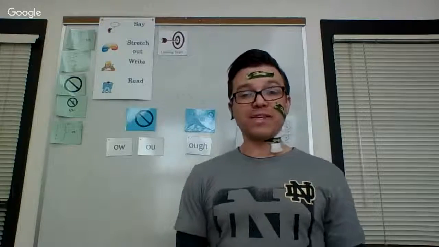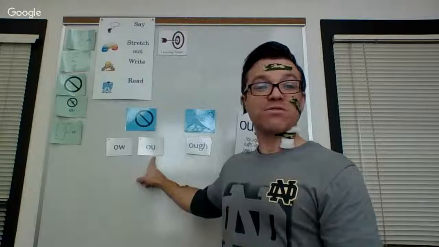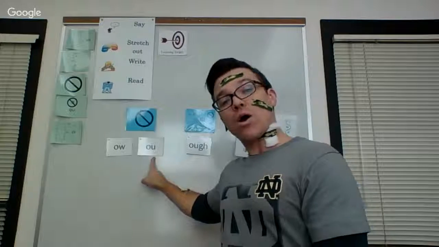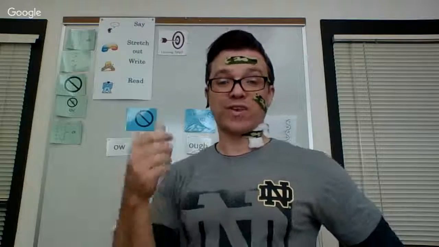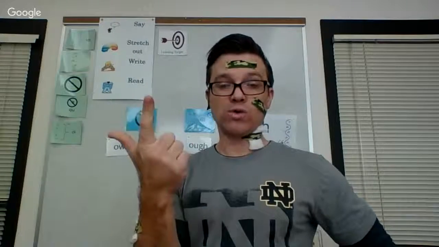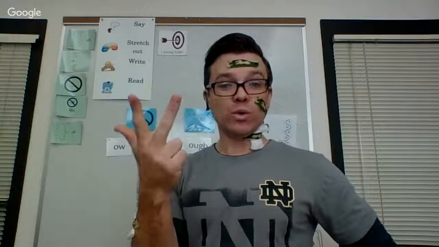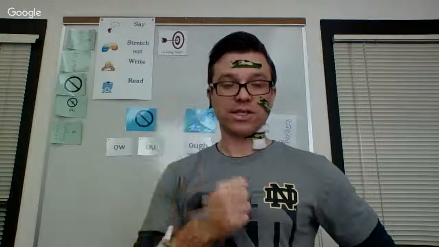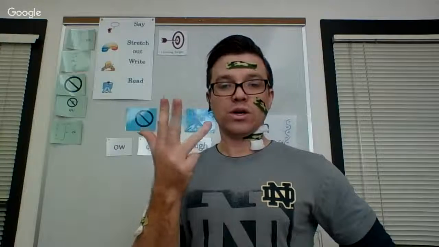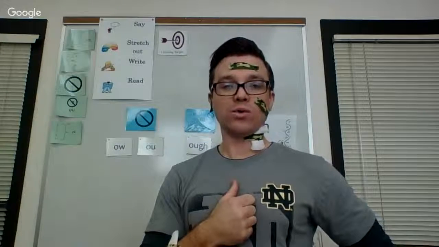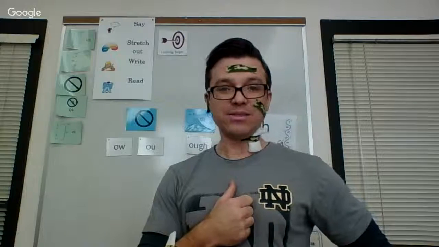The cool thing about these two is this makes the same first two sounds, ow, oh. But guess what? It makes two more. So we've got ow, oh, say ooh, and can you say that? Ow, oh, ooh. Does that make sense?